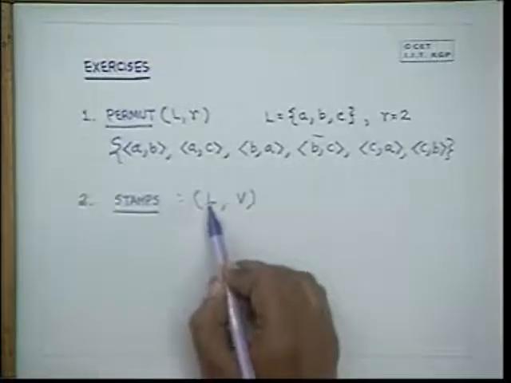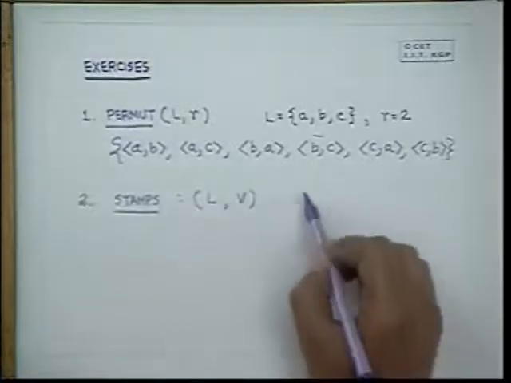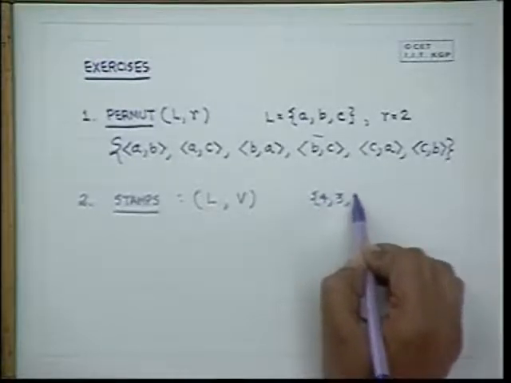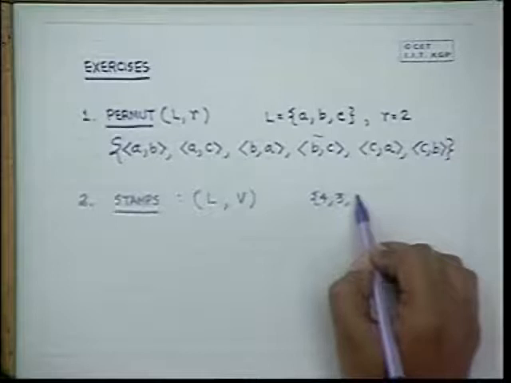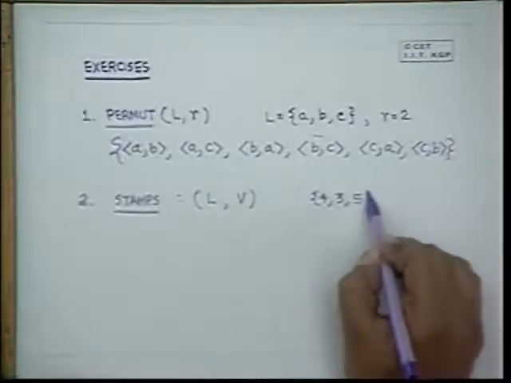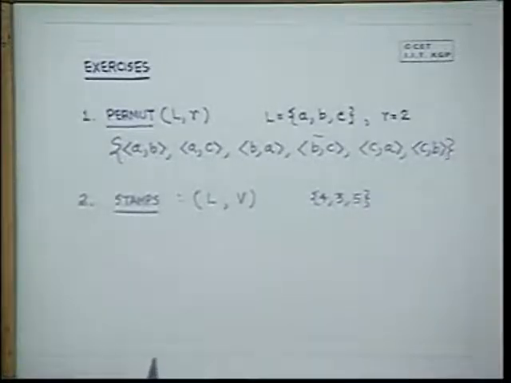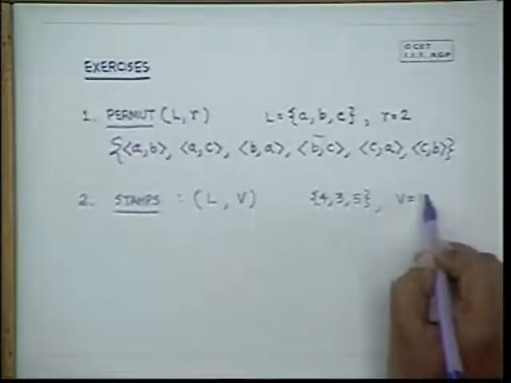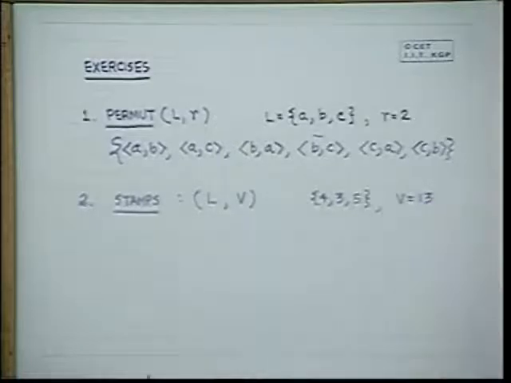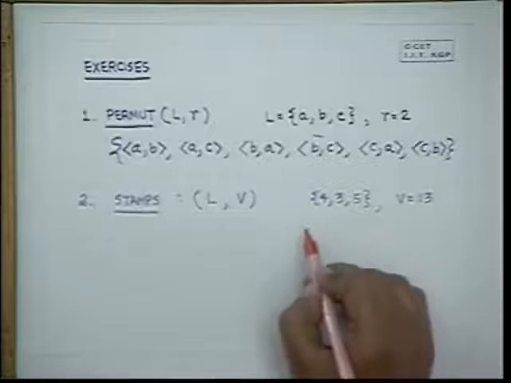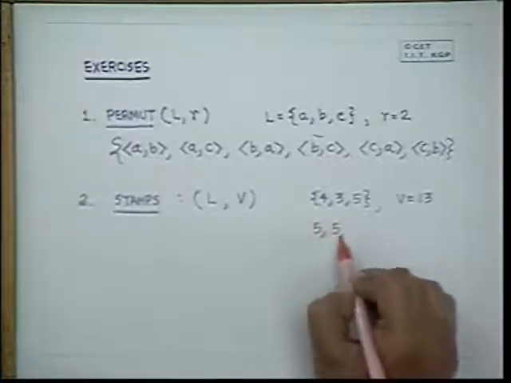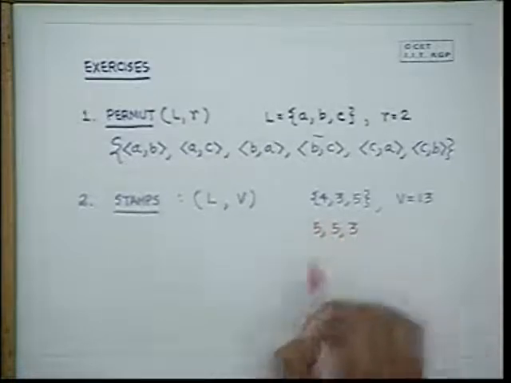Suppose you are given any such set. For example, if I gave you 4, 3, and say 5, and if I gave you a value, say 13, then a solution could be 5, 5, 3.